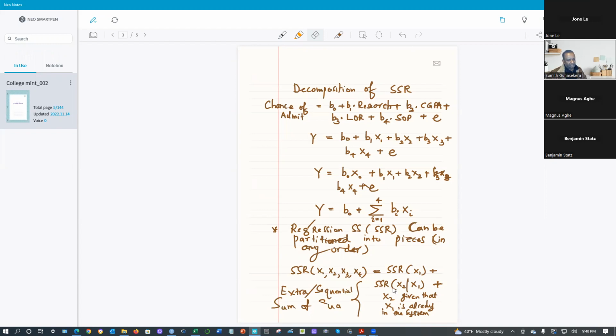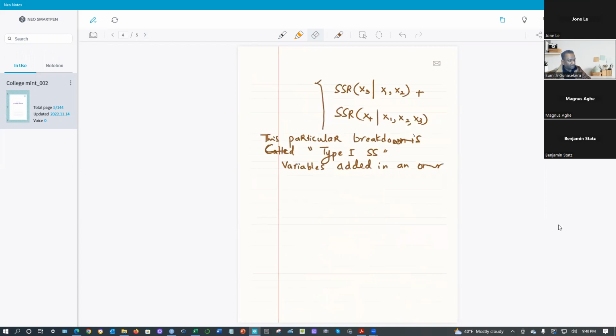But how about SSR x2 given x1? What does that mean? How do you calculate it? How have they calculated it and given us that answer? Where is this coming from? So, extra sum of squares.